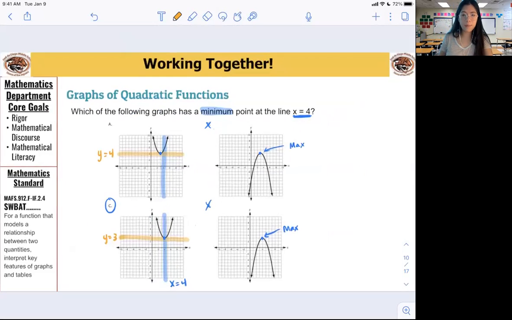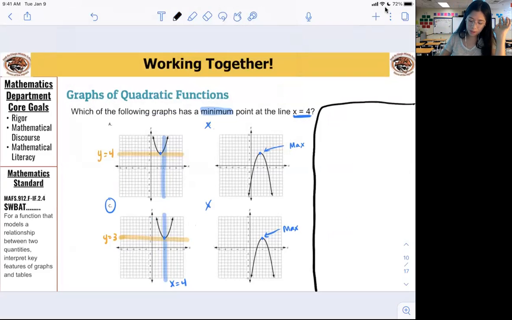So I'm seeing a couple of people in the chat telling me that they sometimes get confused about maximum and minimum and which one is which. So I think the best way to think about it in my experience is to literally think about, on one hand, you might have a hill. You're climbing up a hill.